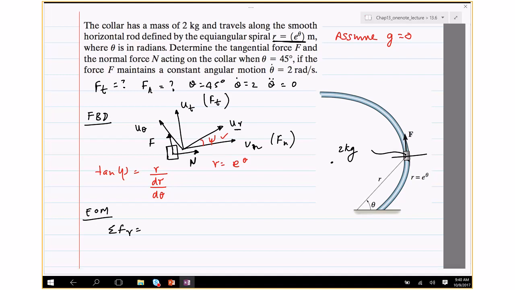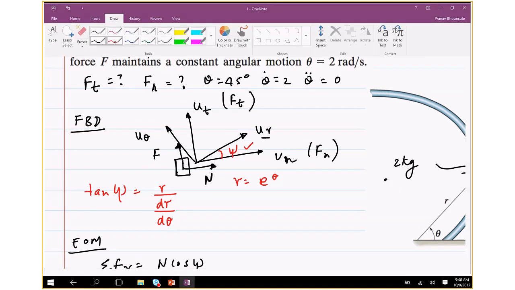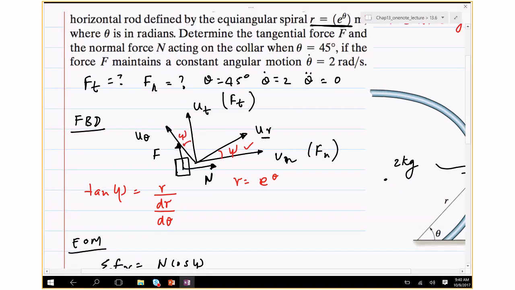So N cosine of psi is acting in the positive r direction. And I have to resolve F again in the psi direction. So you can see that this angle here is also psi, because this angle here is going to be 90 minus psi.